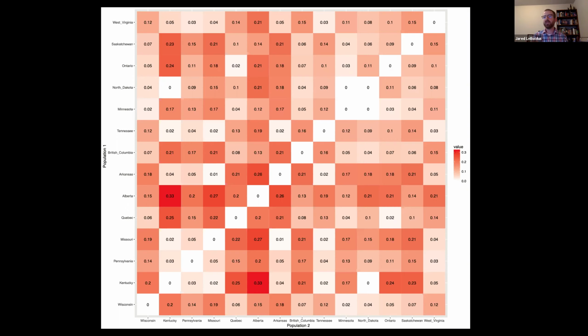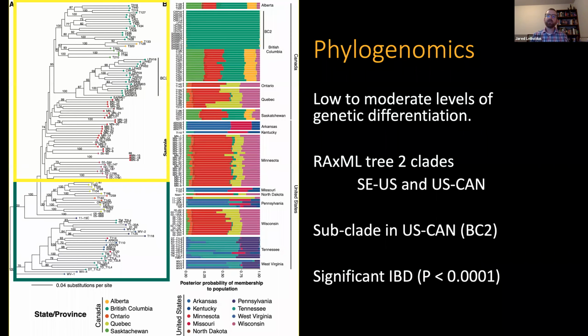Anything greater than 0.2 can be considered relatively differentiated, whereas the smaller the number becomes, the more similar those populations are in terms of their genetic diversity. So the next thing that we did was construct this phylogenetic tree, or maximum likelihood tree. And that let us look at the distribution of these individuals and how related they were to each other in terms of their genetic diversity.